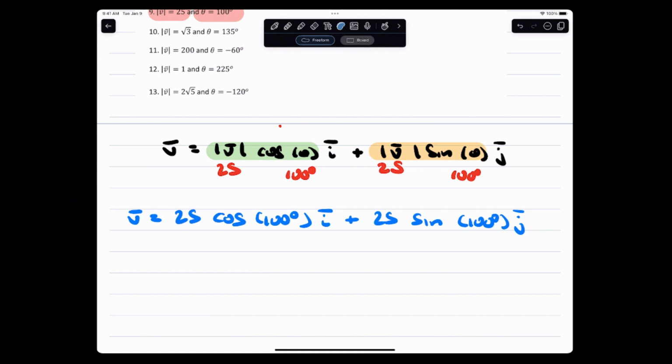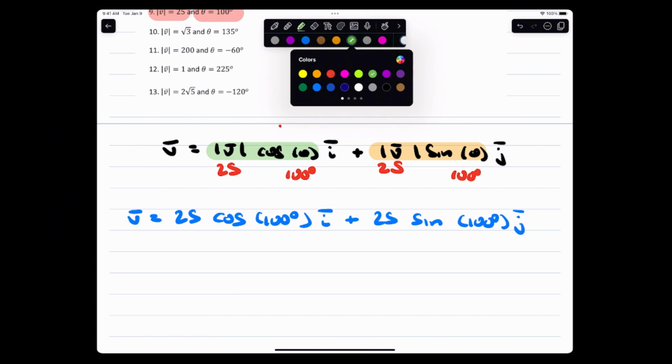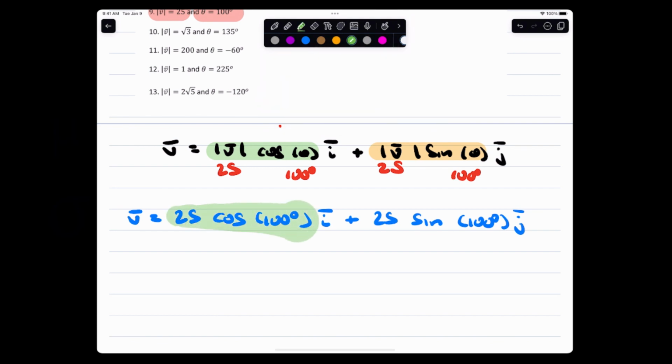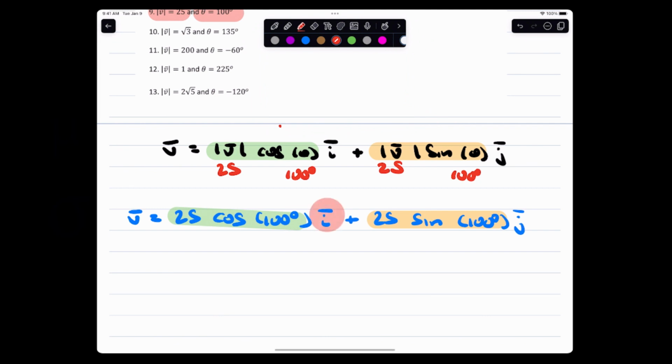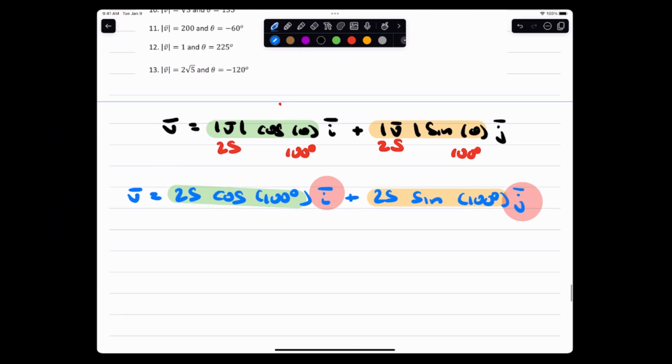It wouldn't be wrong if I just put 25 i cosine 100, right? The order in which you multiply doesn't matter, but I would try to be consistent with what's traditionally done and not make up my own way to do things. It won't be wrong, it's just not written down that way.